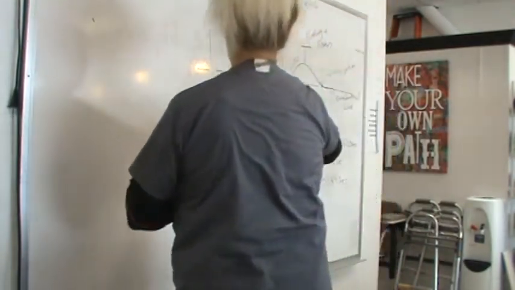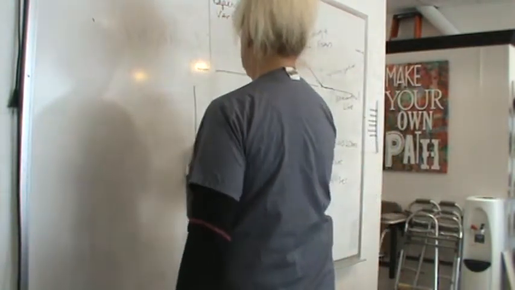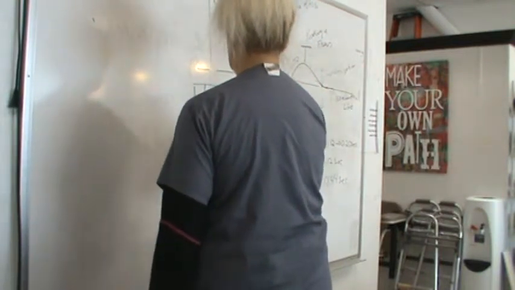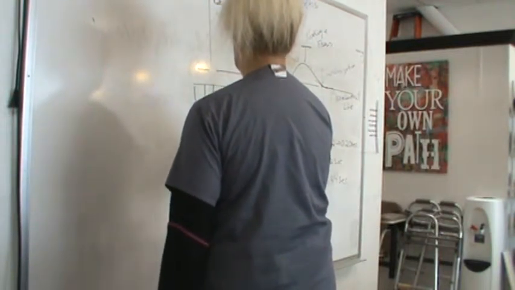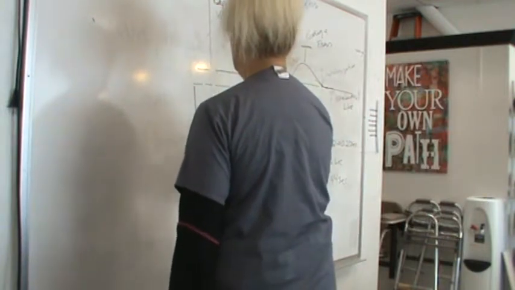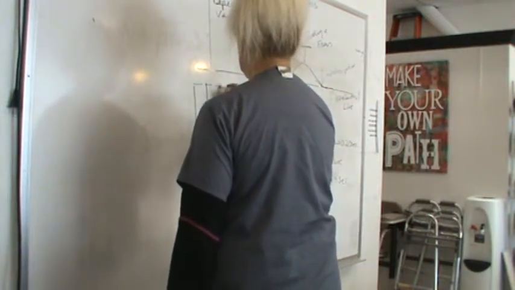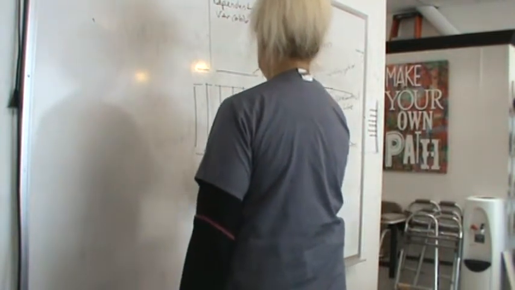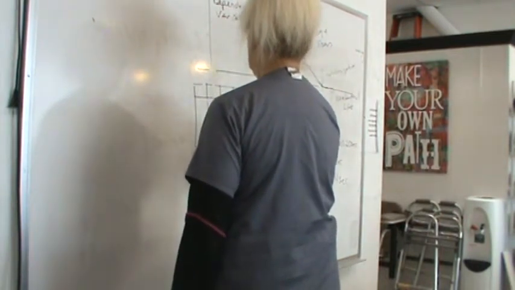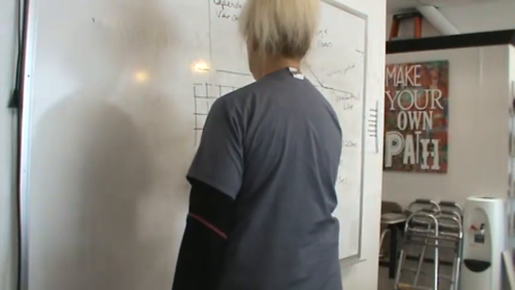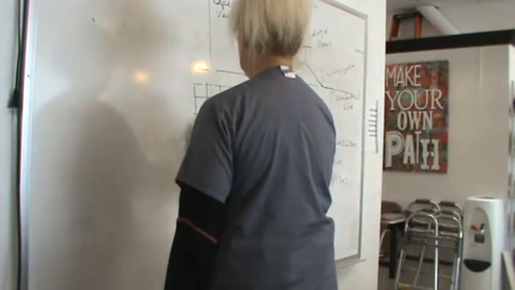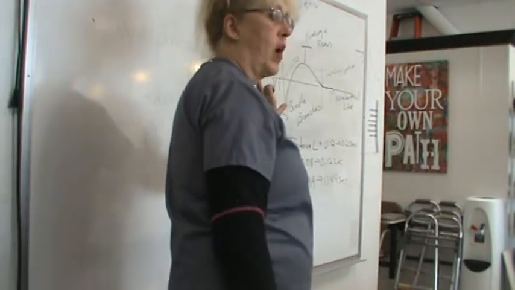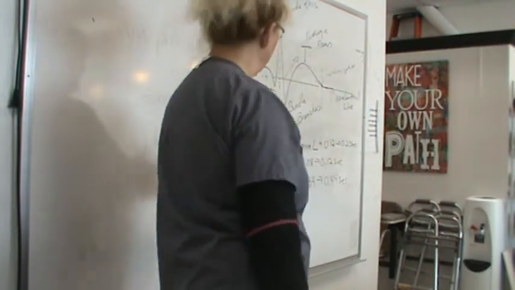Basically, when you look at EKG paper, one box looks like this. 1, 2, 3, 4, 5. Okay, this is considered one box.